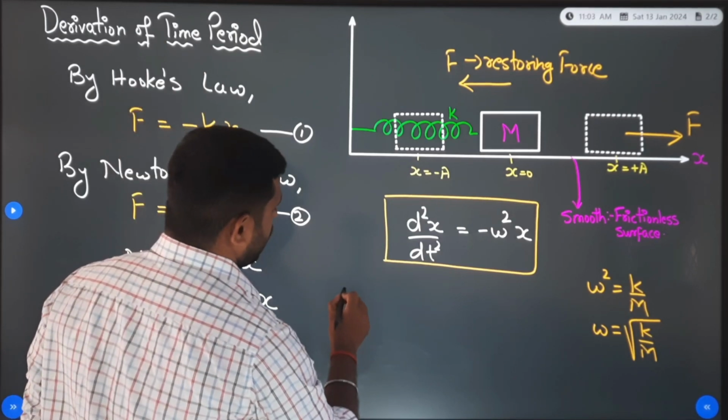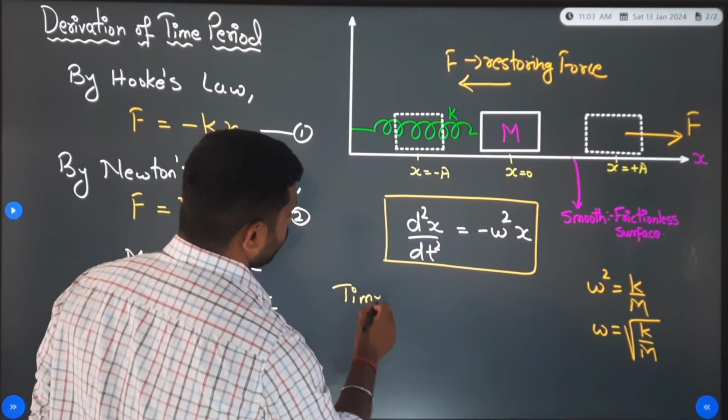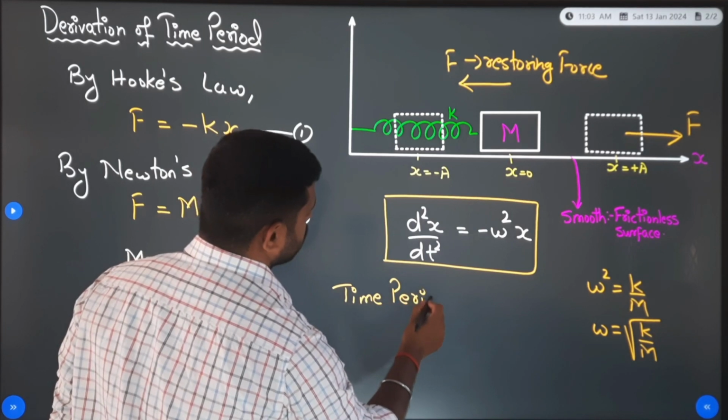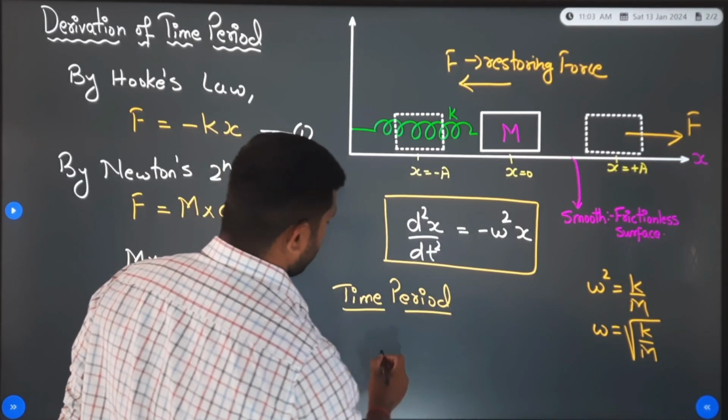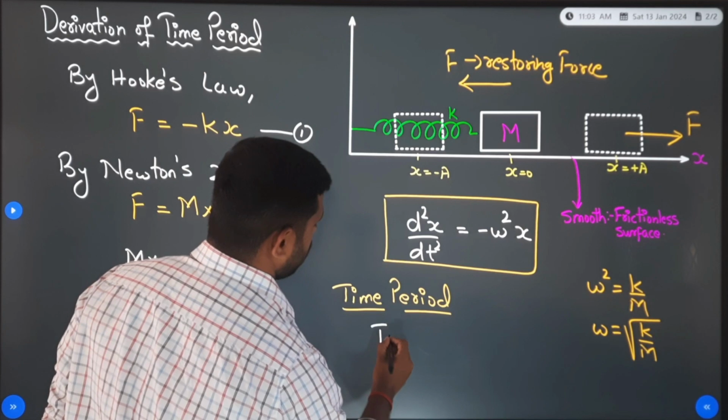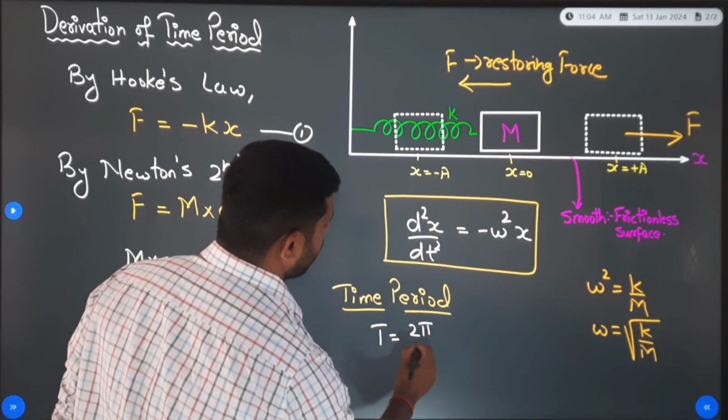We know that the time period is given by T is equal to 2 pi by omega.